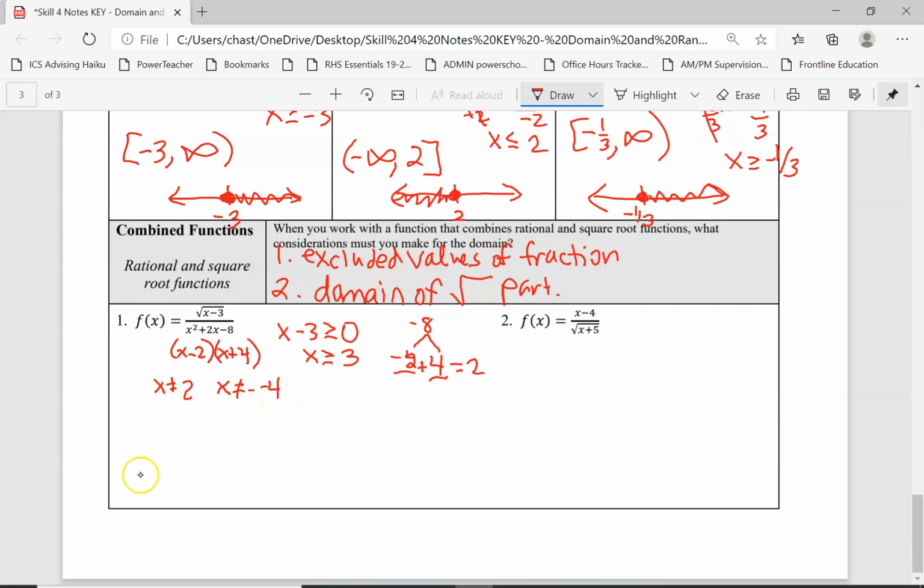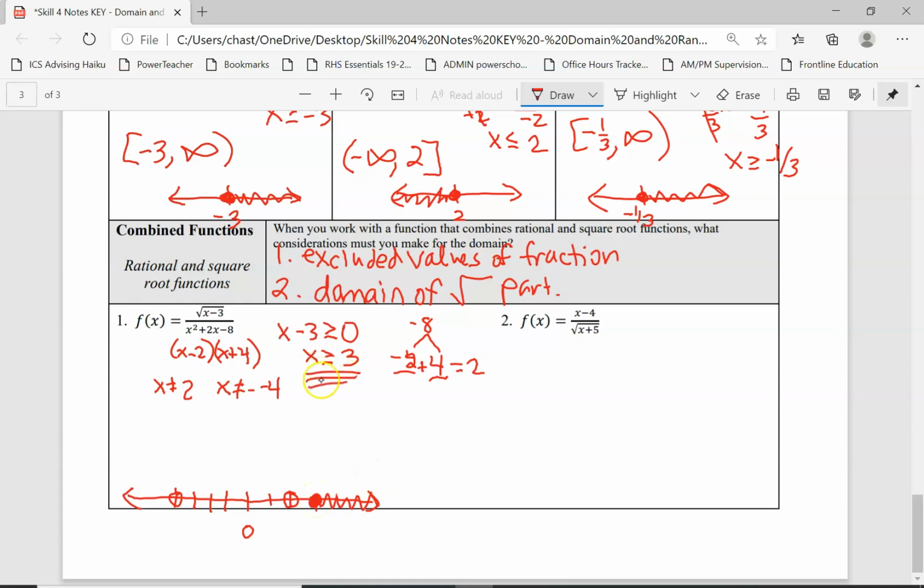So what we're going to do is just make a number line of this information. Let's see, let's put 0 in the center. I know I've got 2 here with an open circle, negative 4 with an open circle, but I also know that x has to be greater than or equal to 3.